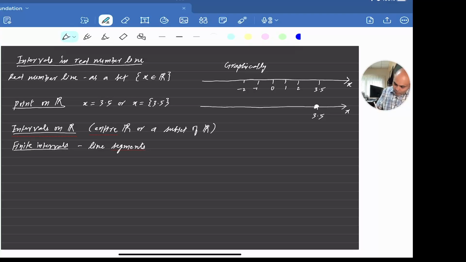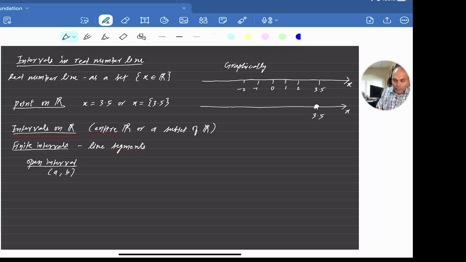We will start with open intervals, which is denoted by the symbol which involves parenthesis.